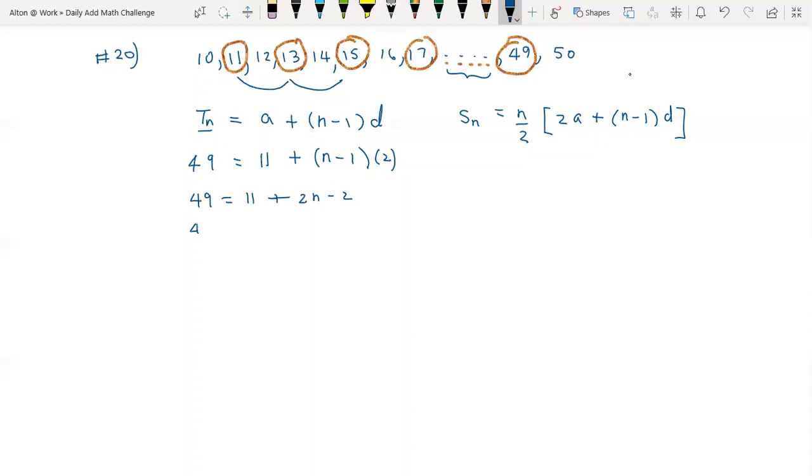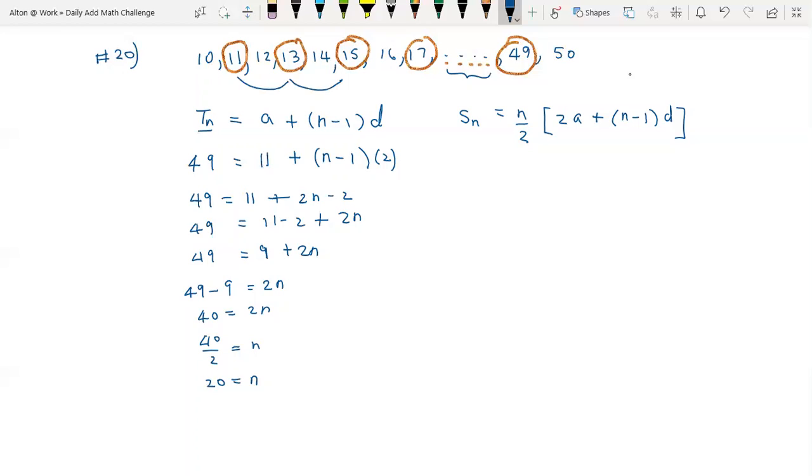So this gives us 49 equals 11 take away 2 plus 2n. 49 equals 9 plus 2n. 49 minus 9 equals 2n. 40 equals 2n. So n will be 40 divided by 2. n will equal 20. So there's 20 terms from 11 all the way down to 49.